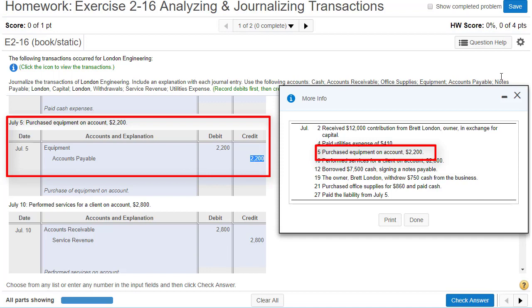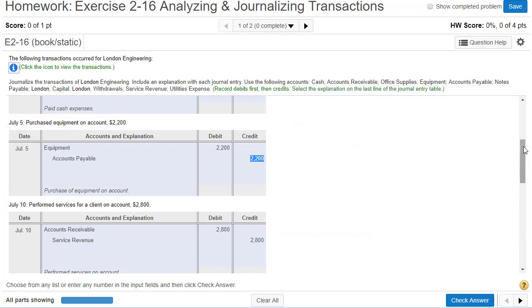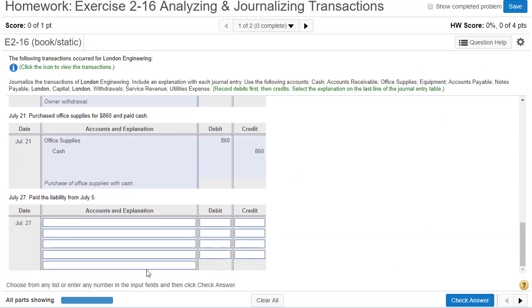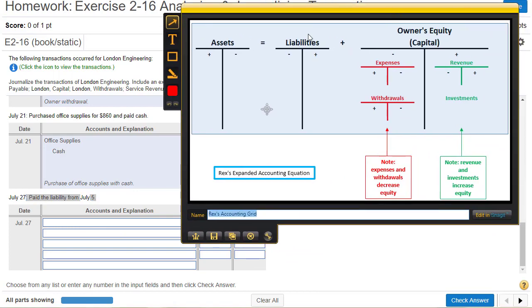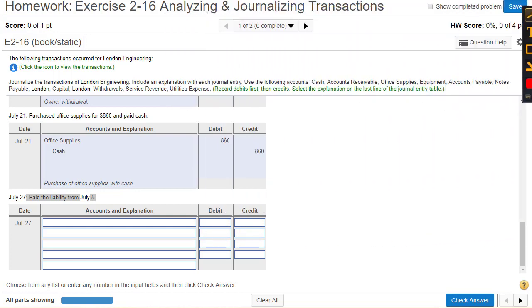So let's scroll down to our journal section for July 27th. We paid the liability from July 5th. Let's start with cash. Cash is an asset. Now, do we have more cash if we're paying something? No, we have less cash. So cash is going to be the credit account.